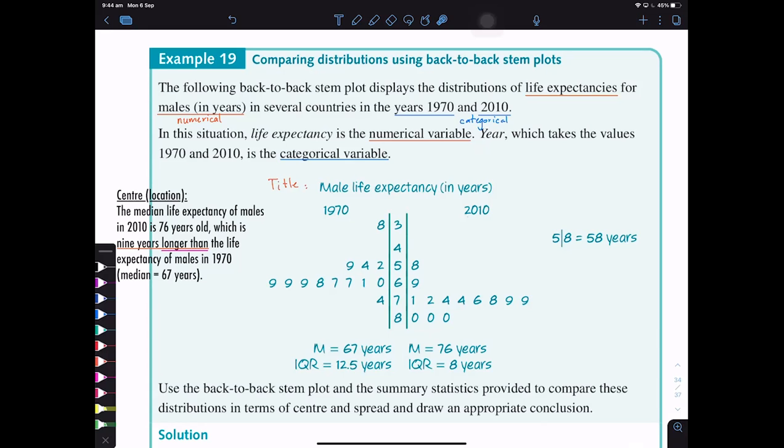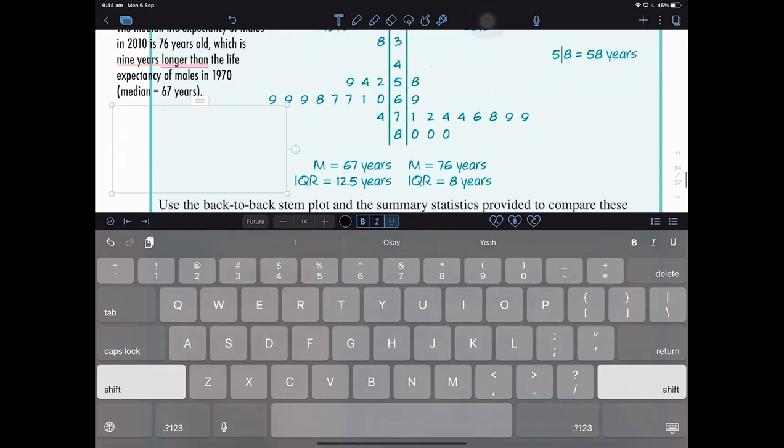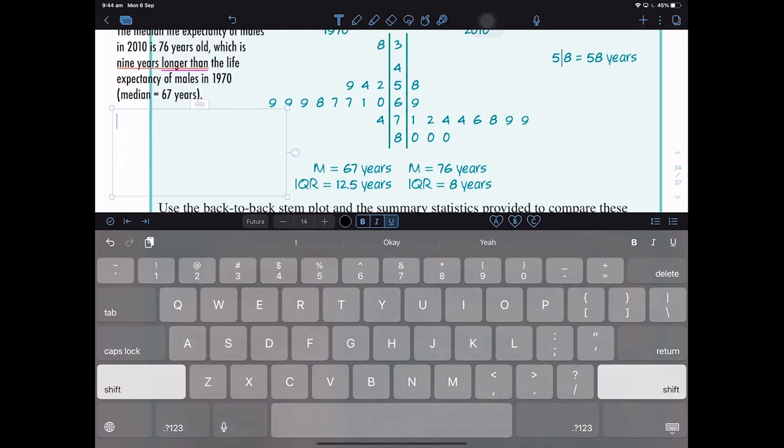I'll give you an example of how we do it, yeah? When we're comparing spread with the interquartile range, we are comparing how much they vary. So when we talk about spread, we talk about narrow or wide. I'll write this one about spread.